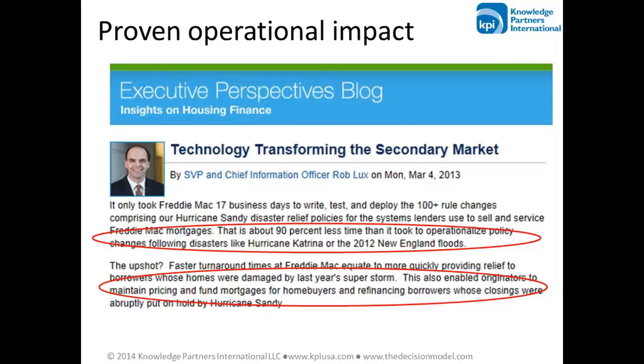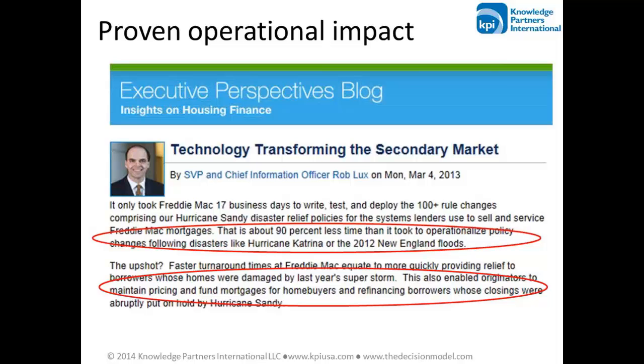So let's look at a sample testimonial, which we are very proud of. This page holds a testimonial from the SVP and CIO of Freddie Mac. We became engaged at Freddie Mac around the year 2008. So that was an interesting time. And this is the significant impact that the decision model has had on Freddie Mac's ability specifically to respond to Storm Sandy.